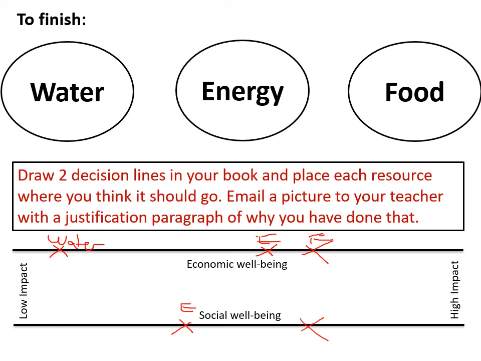You're putting crosses and words on this line, but then the most important bit is justifying that, justifying why you've chosen that in a paragraph or 2. This is the kind of task that would be fantastic to email to your teacher. That paragraph, not just the line itself, don't just email that. It's not that interesting.